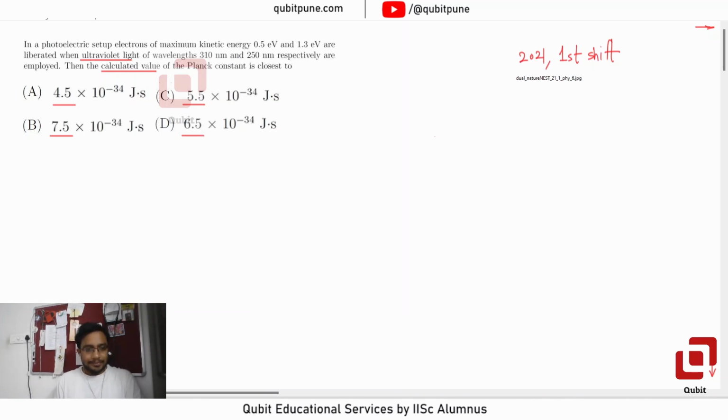Now the equation that we have, which contains the expression for maximum kinetic energy, is our Einstein's photoelectric equation, which says K max equals h nu minus phi naught. Correct? K max is equal to h nu minus phi naught, where symbols have their usual meanings.